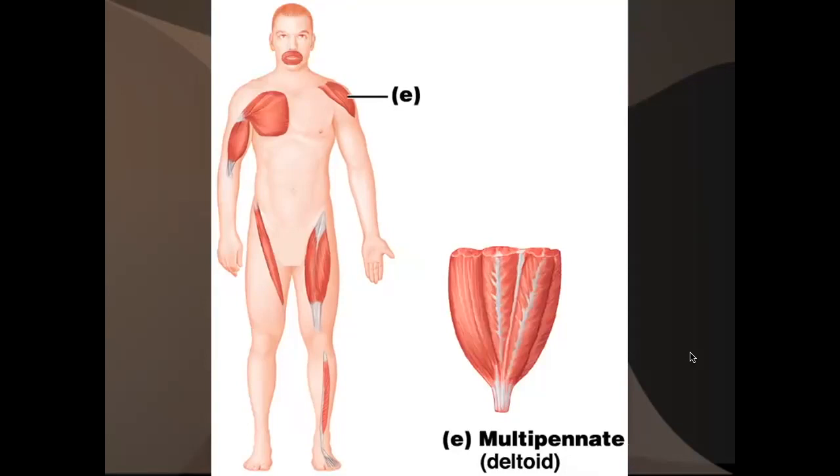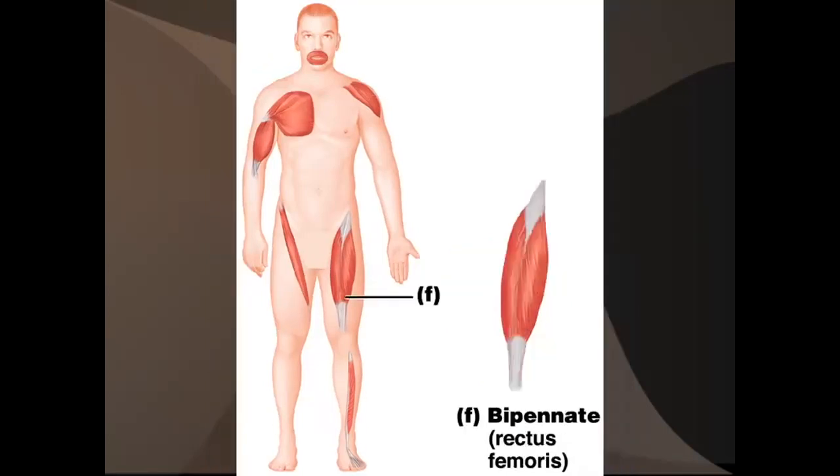Multipennate. Pennate means feather, and multi means more than one, so the name is saying several feathers. You see right here, there are 1, 2, 3 feathers that come off. So the deltoid is multipennate. Some are bipennate muscles, where you can see 2 feather arrangements.